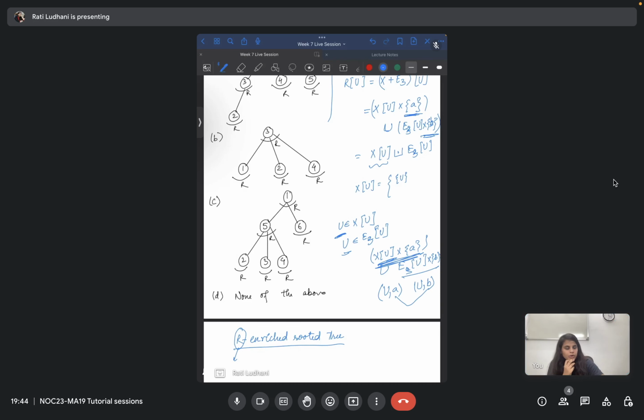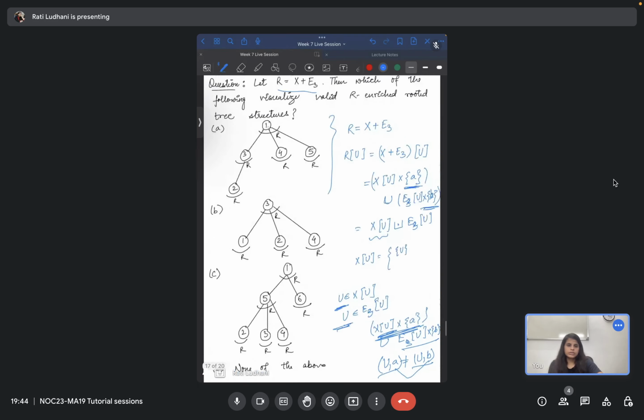So UA and UB you have. Now A and B are not equal, so that means these are not going to be the same. That is a way to write the disjoint union, because you want to consider the same U to be different. Is that clear? You can write A, B, 3, 4, whatever you can write, but they should be different values.